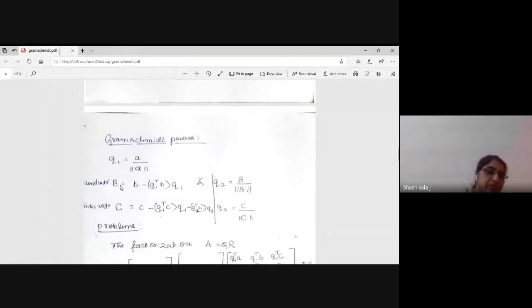In the class itself, I explained why you have to make it orthonormal. What is the advantage of converting non-orthogonal columns into orthogonal columns? Can you tell me?